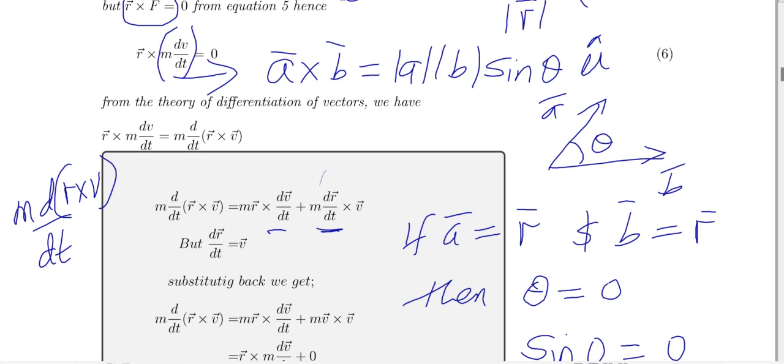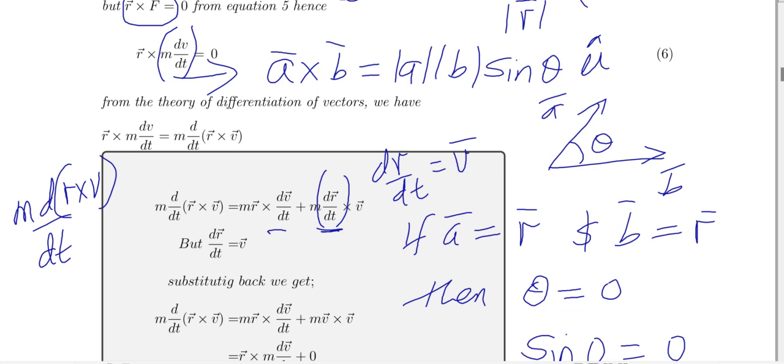But it is important to note that dr/dt is equal to v, so that when we substitute here, we shall get m, then v cross v.